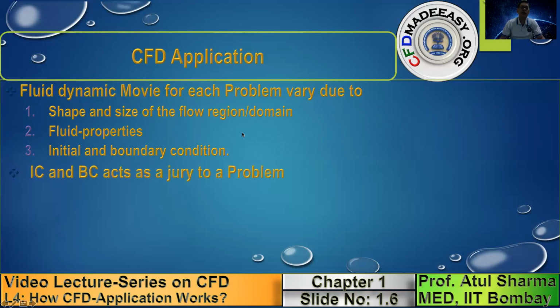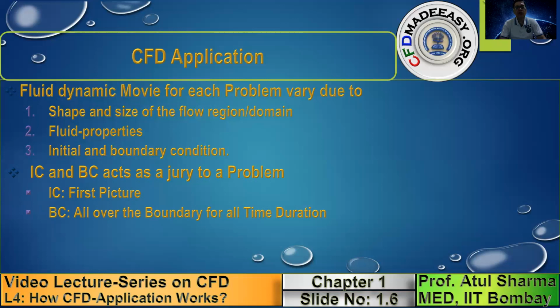In fact, initial condition and boundary conditions play an extremely important role in a fluid mechanics problem. They act like a jury to the problem. They dictate the solution. The initial condition, as I mentioned earlier also, gives you the first picture of your movie, and the boundary condition gives you information about the boundary grid points, which I have mentioned earlier.